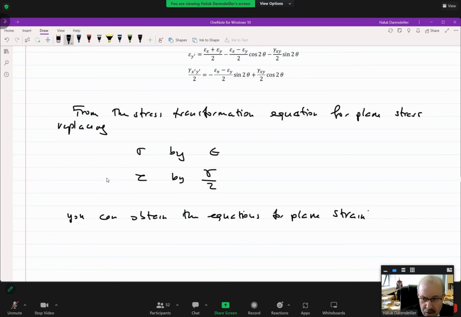Okay, so use the equations for plane stress, change sigma to epsilon, tau to gamma over 2, then you obtain the equations for plane strain.